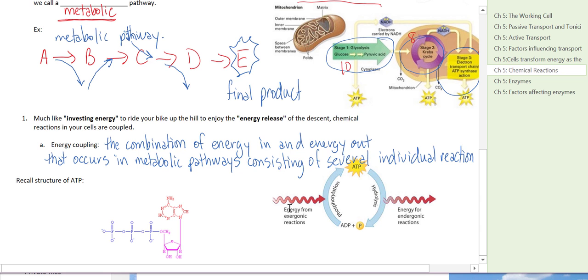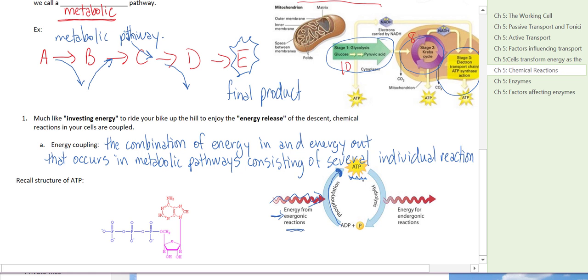The last thing I want to leave you with here in our discussion about energy in chemical reactions, where we're going with this: if you look here, we've got energy from exergonic reactions. In our cells, most of this energy comes from chemical reactions. So when we get this energy out, we generally use that to drive the formation of ATP. We use that to create this high energy currency that we can use anywhere.